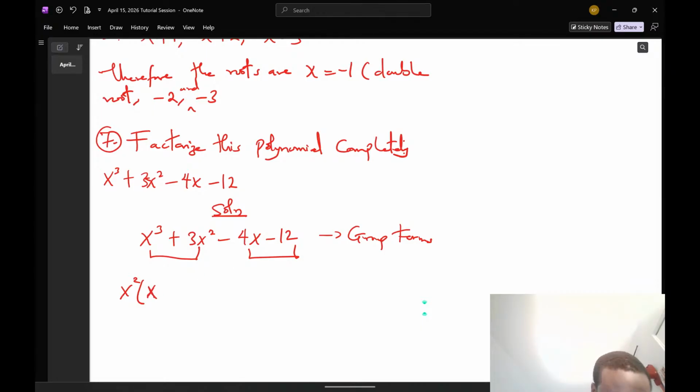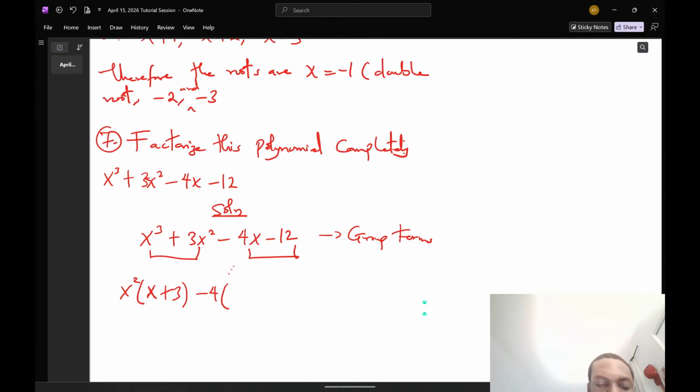Okay. And then plus 3x squared divided by x squared will give us plus 3. x plus 3. Okay. And then we have minus 4x and minus 12.